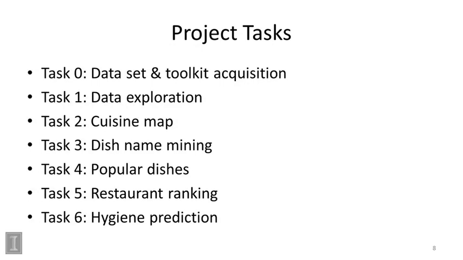Task 4 and task 5 are both to mine popular dishes and to also rank restaurants for a particular dish respectively. Finally, task 6 is going to last longer, and this is about hygiene prediction.